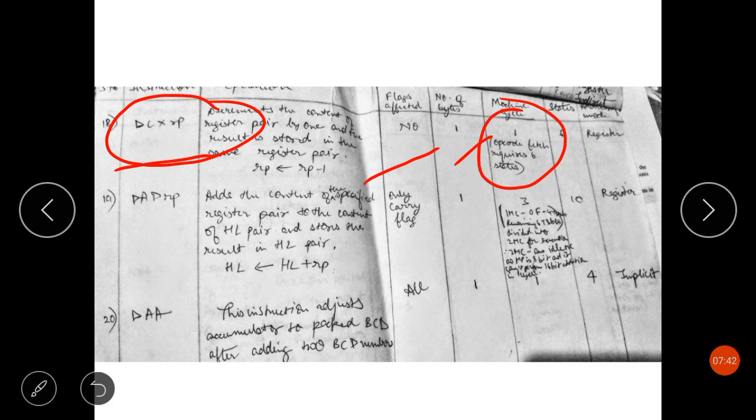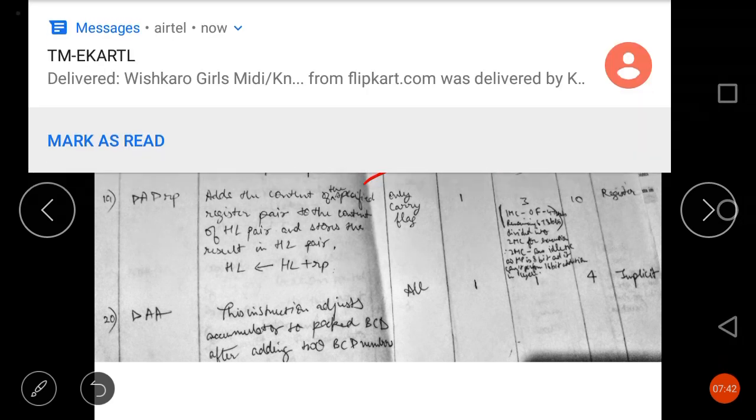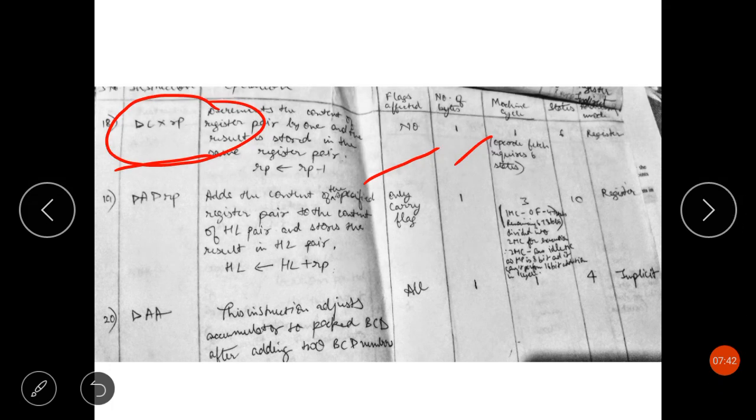And T states: after decoding, this type of instruction needs a larger amount of time for execution. So this type of instruction will have 6 T states for the opcode fetch machine cycle. Why not 4? Because it will need more time for executing the instruction.